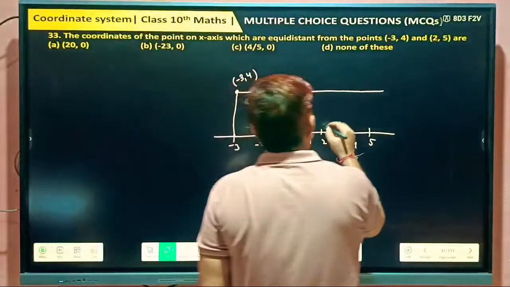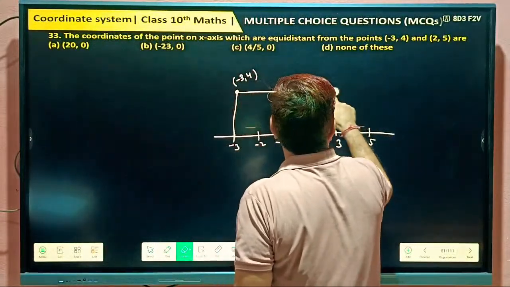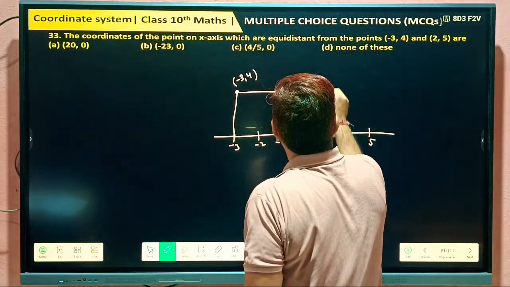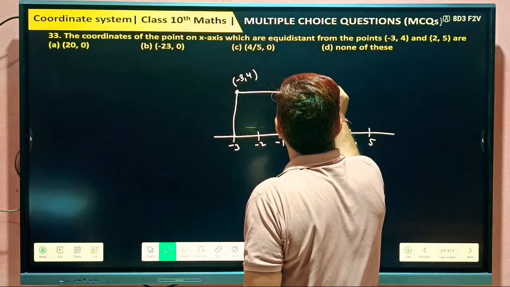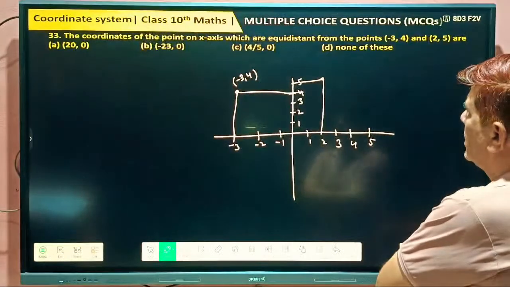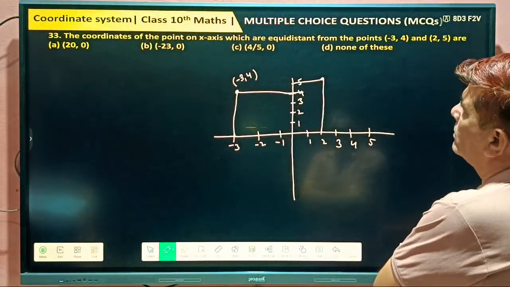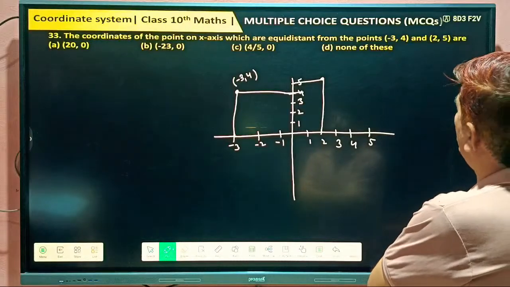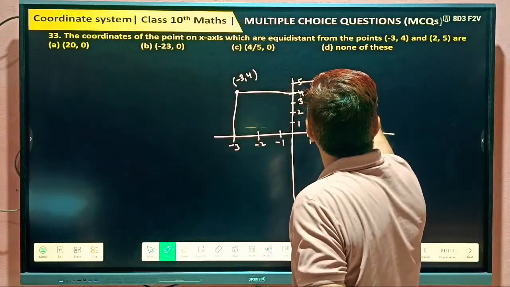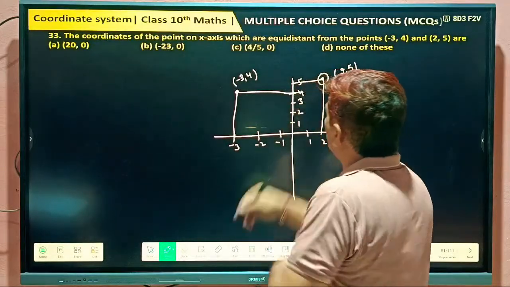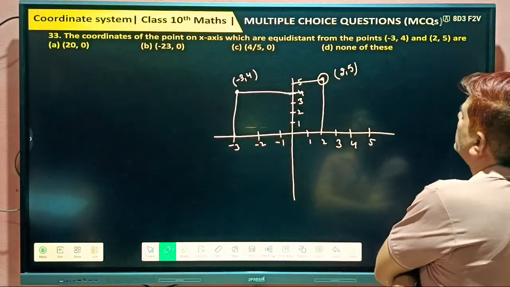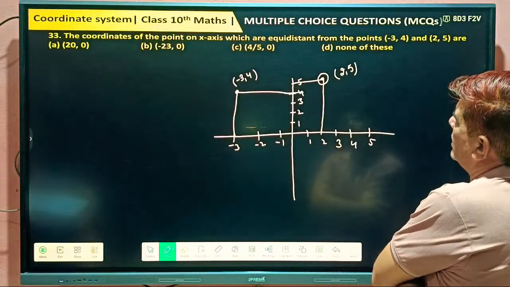And the second one is 2 and 5. 2 is this and 5 is this. What is its meaning? Its distance from the x-axis is 5 units. And you have to find a point on the x-axis.